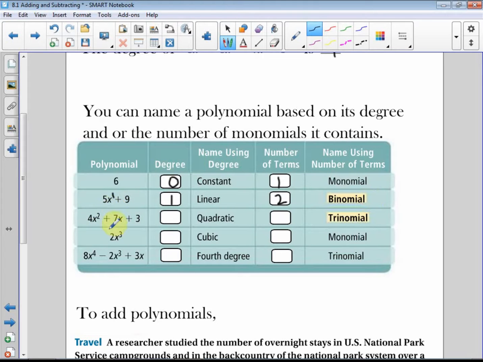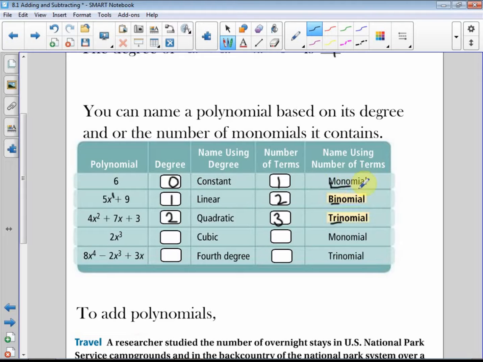Going back to our polynomials, we have 4x squared plus 7x plus 3. We're going to look at the exponent value that is the greatest, which is 2. The polynomial has a degree of 2. It is a quadratic. We'll learn about that later on in the year. And it has 3 terms, so it is a trinomial.